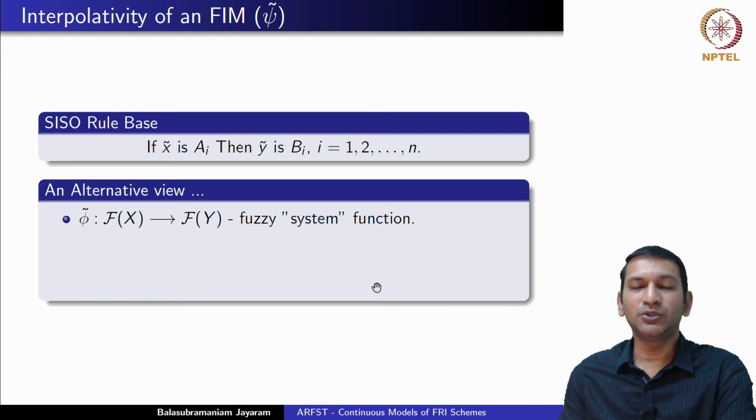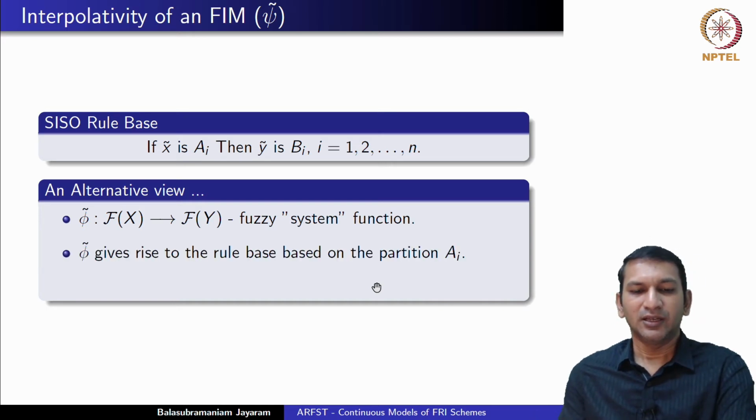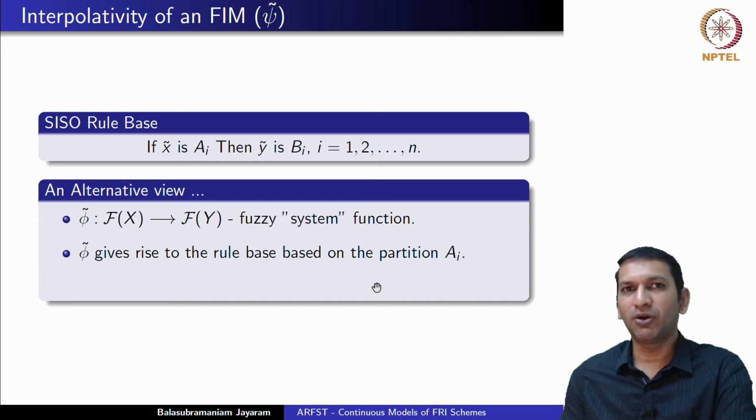That means you could think of it as phi tilde, which is a mapping between F of X to F of Y. Now, given this view and a partition A i, we could think of the antecedents A i forming a partition on the input space X and phi tilde acting on A i to give the consequent B i.